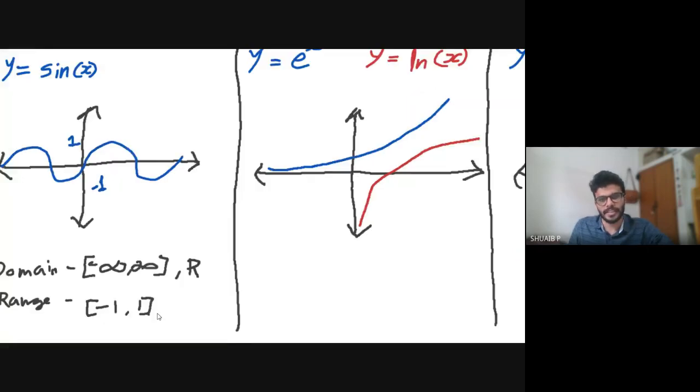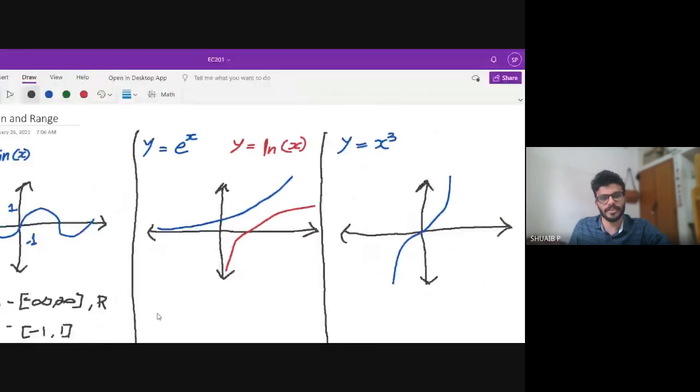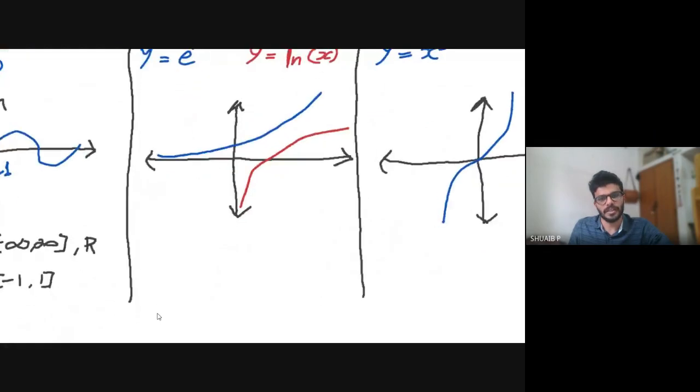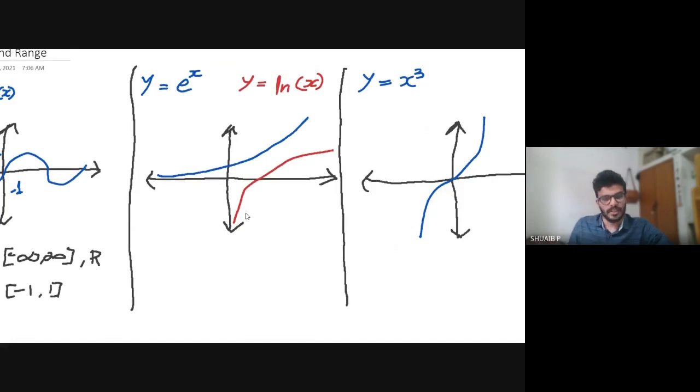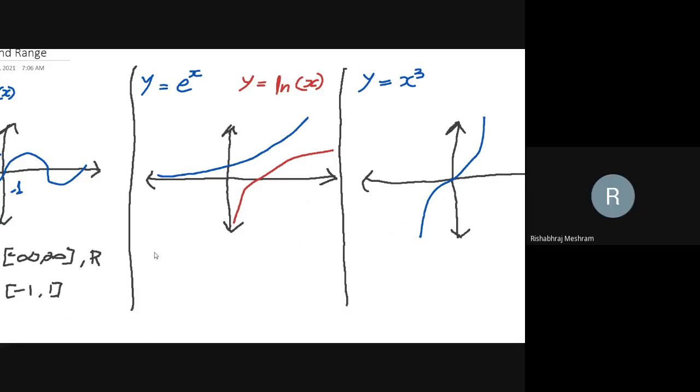Maybe can someone quickly suggest what would be the range for the exponential and logistic functions? So here, the domain would be again from -infinity to infinity, and the range would be open bracket 0 to infinity.